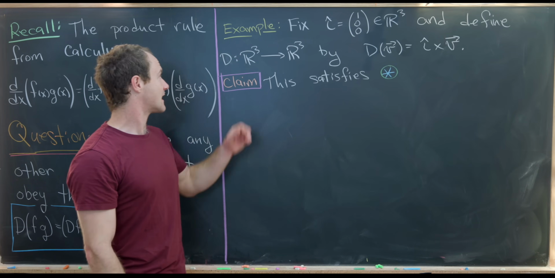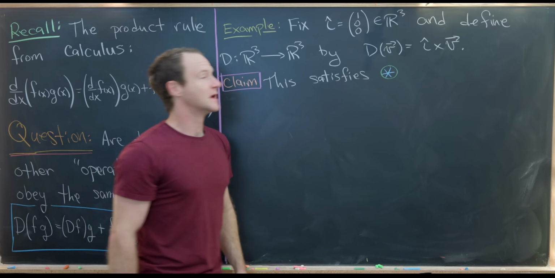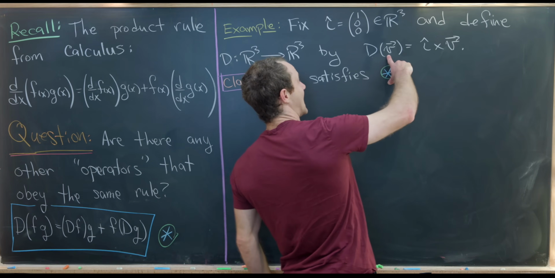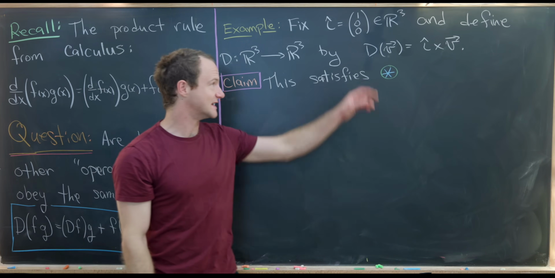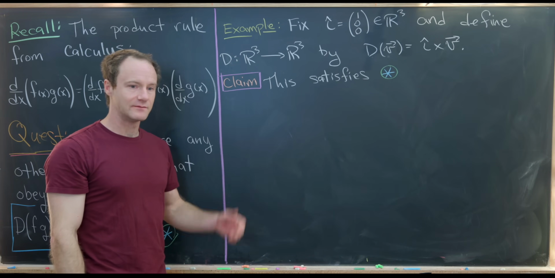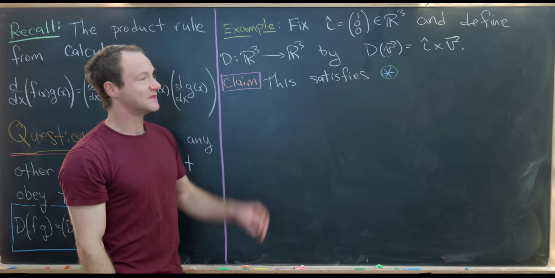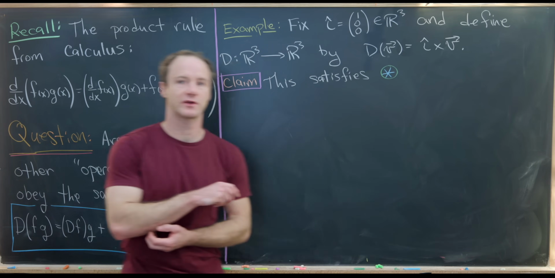Then we'll define our operator D from R3 to R3 by D evaluated at a vector V, where that's some arbitrary vector in R3, is i cross V. And our claim, just like before, is that this operator satisfies this thing that looks like the product rule from calculus.